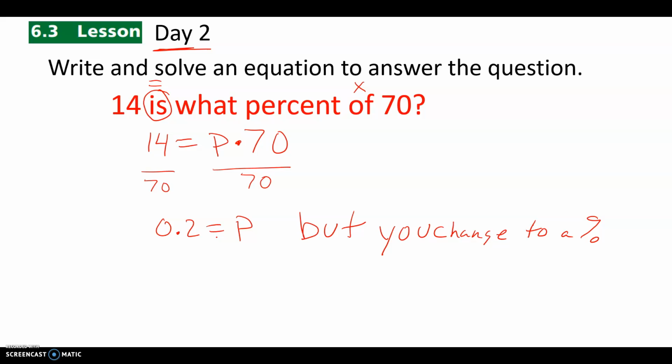That's why I don't like doing the equations. I like doing the proportions. So what you have to do is times that by 100, and you end up with 20%. So be careful. With percent, you have to either change it to a decimal or change the decimal to a percent.